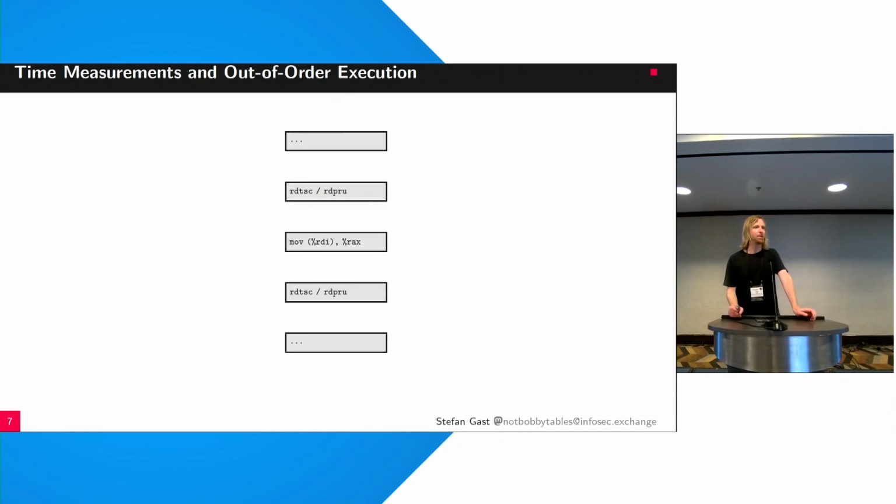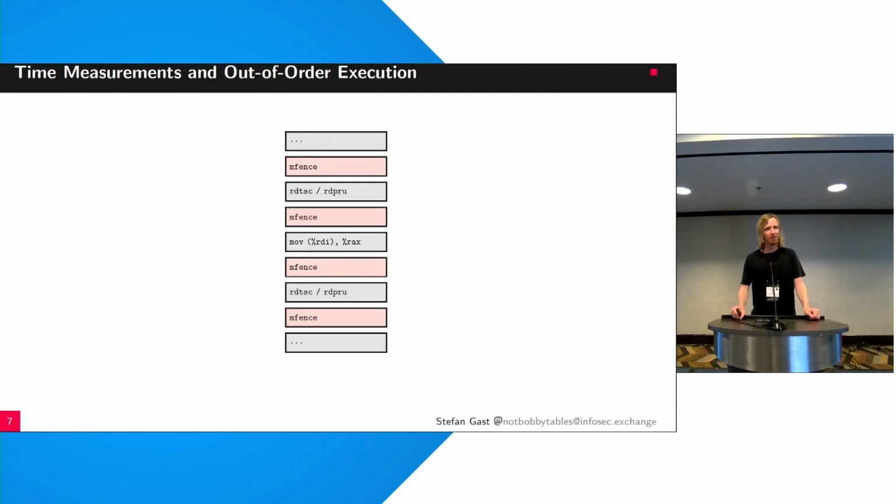We have this RDTSC instruction, and we have some code we want to measure, and we just surround the code we want to measure with this instruction. But then there is out-of-order execution, meaning that the RDTSC can be executed earlier or later than we actually want.